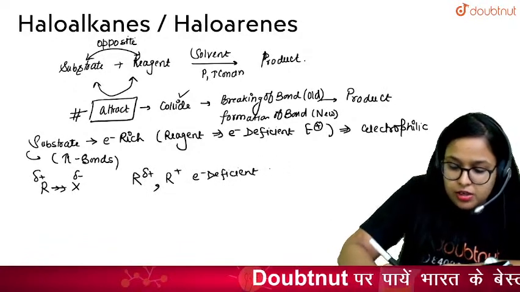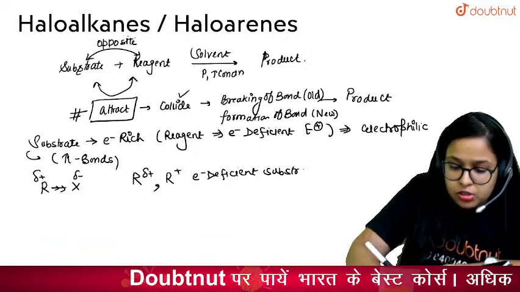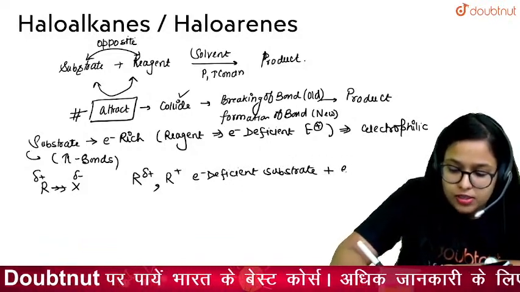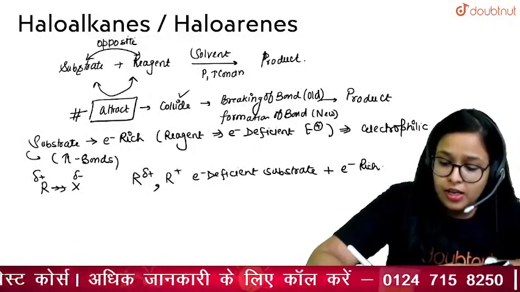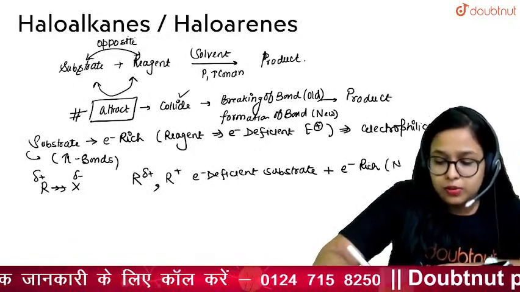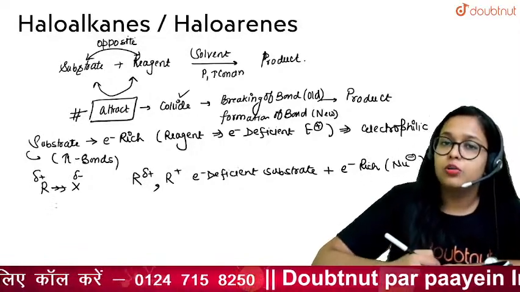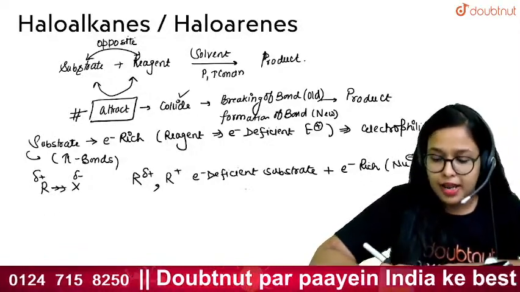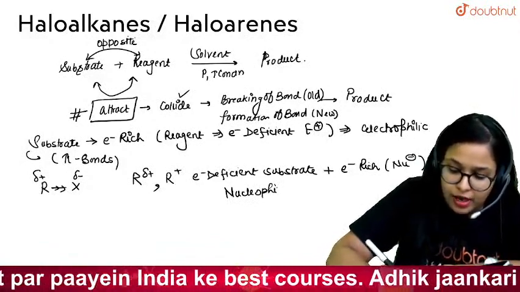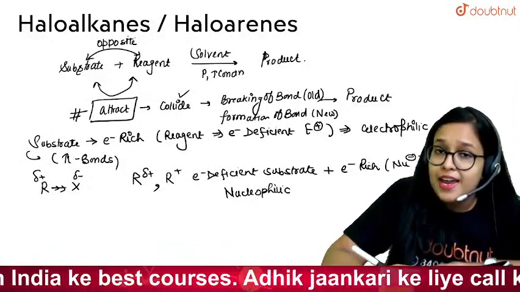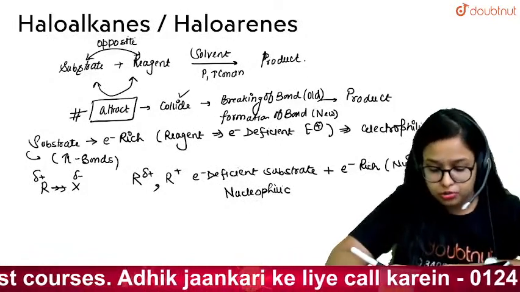An electron deficient substrate requires an electron rich reagent, because it should be of opposite nature. An electron rich reagent is known as a nucleophile, and whenever a nucleophile participates in a chemical reaction, that reaction is known as a nucleophilic reaction.